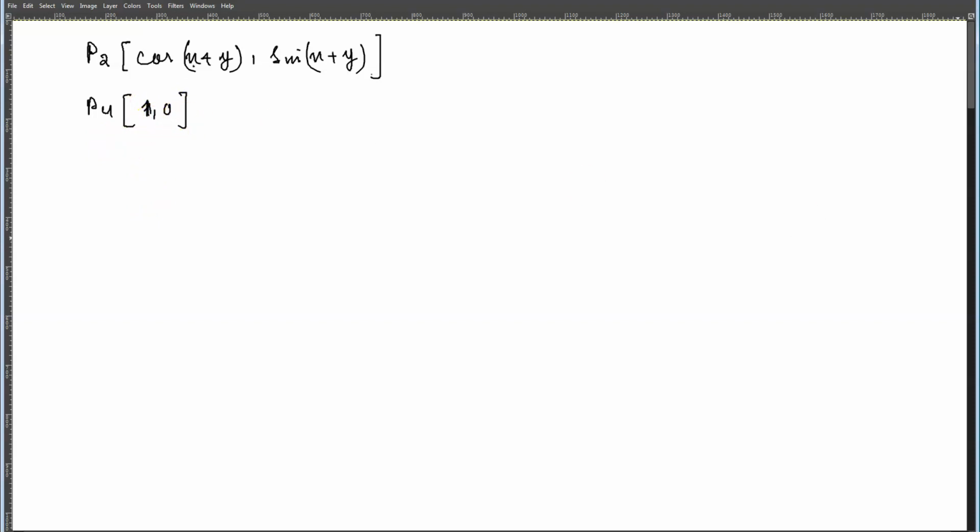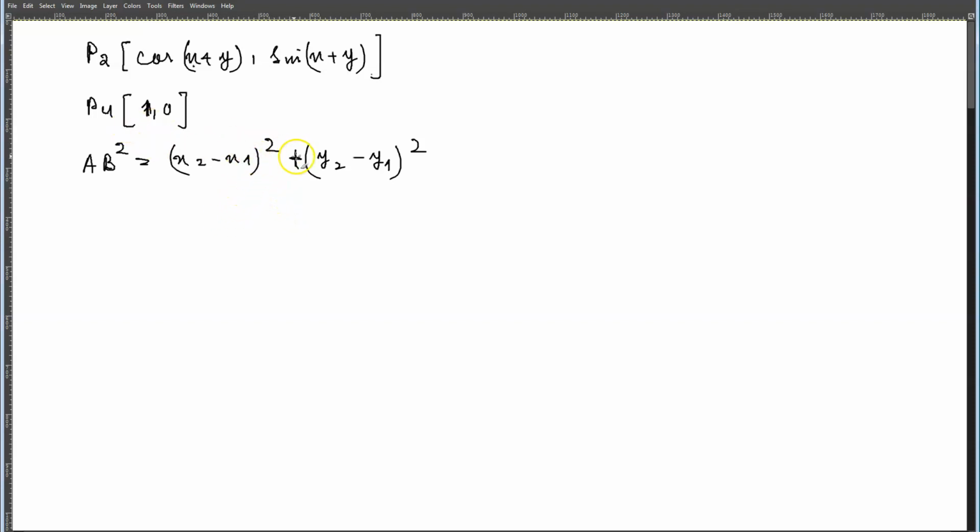Now P2 P4 whole squared, so we said that the distance formula was AB squared is equal to x2 minus x1 whole squared plus y2 minus y1 whole squared, right?